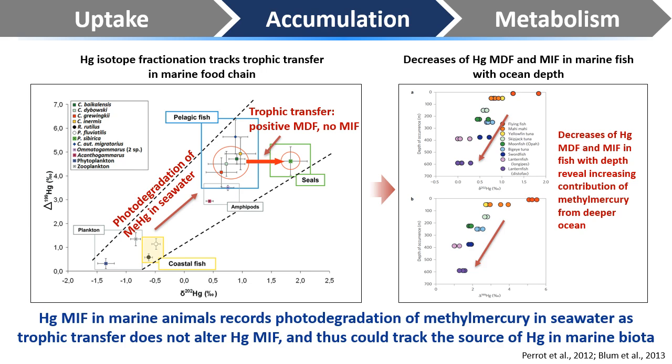And thus, the mass-independent fractionation can be used to track the sources of mercury in marine biota. For example, on the right side, the decrease of both the mass-dependent fractionation and the mass-independent fractionation in fish with depth probably reveals an increasing contribution of methyl mercury from the deep ocean.